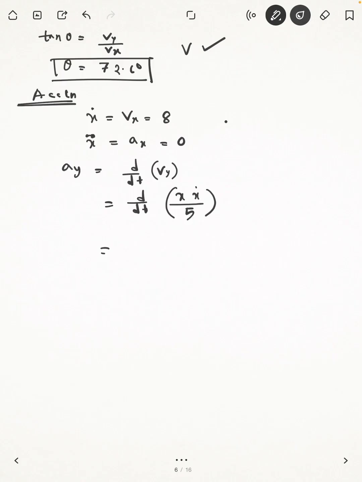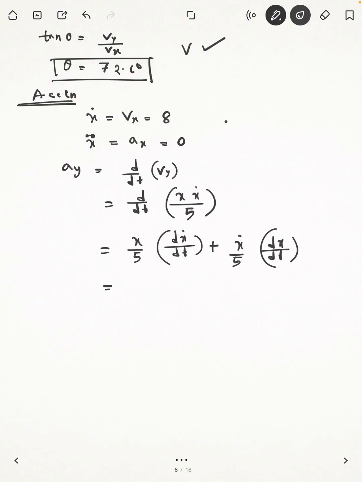First of all, the first function x by 5 and the derivative of the second, x dot by dt, and then the second function and the differentiation of the first, dx by dt.